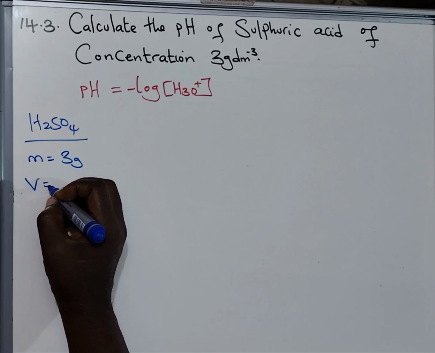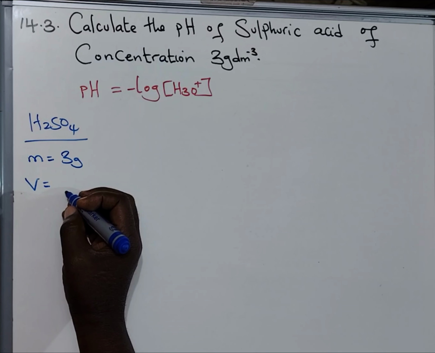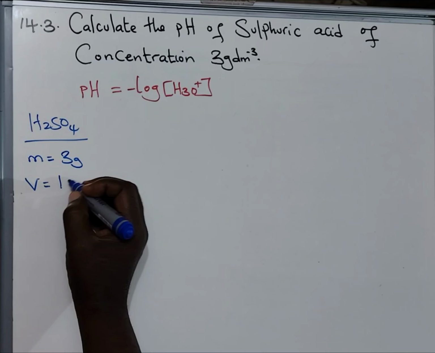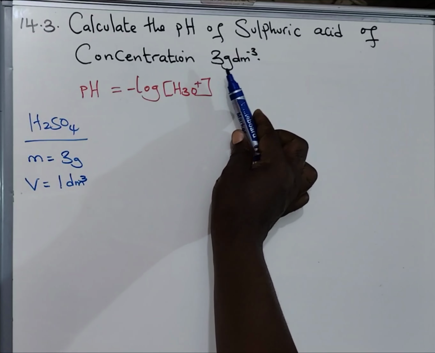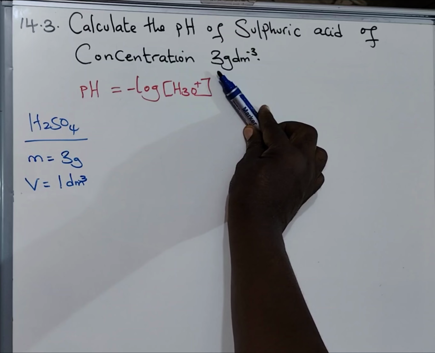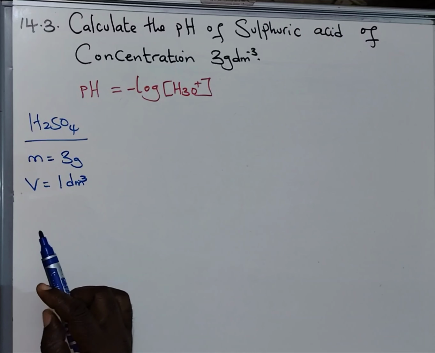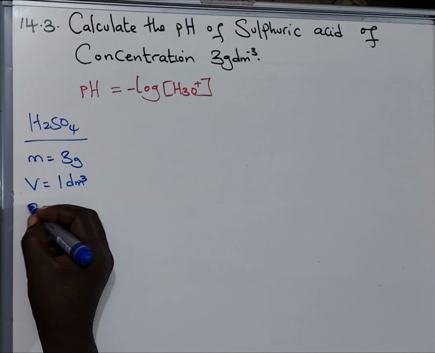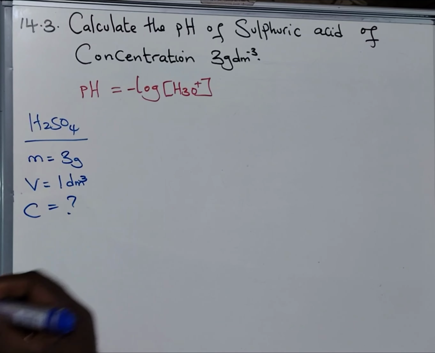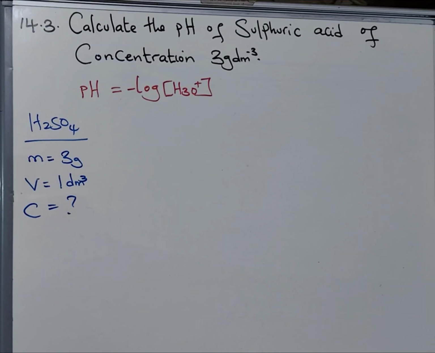You have the volume, and the volume is 1 cubic decimeter, because it is 3 grams dissolved in 1 cubic decimeter. So what are we looking for? We are looking for concentration.